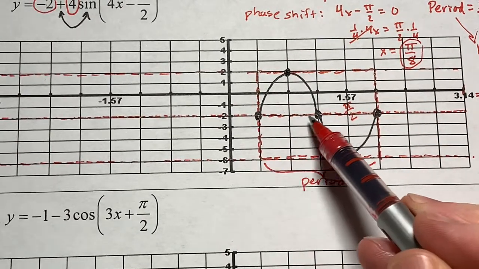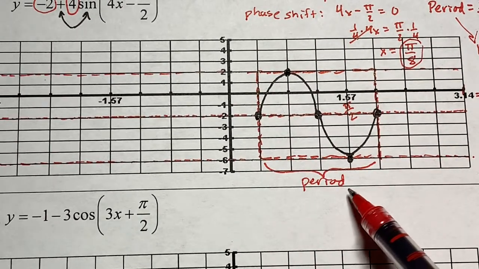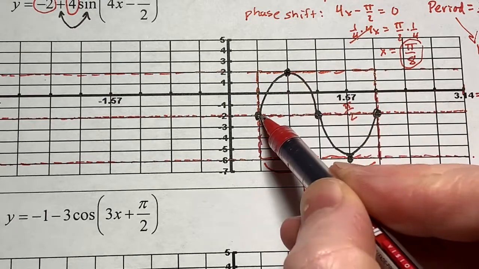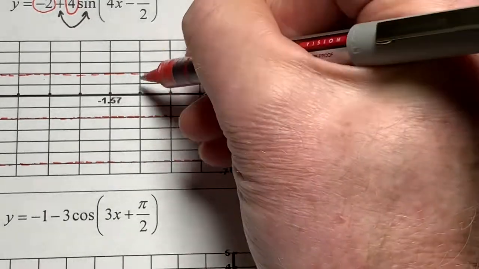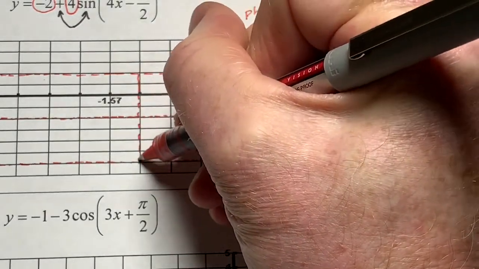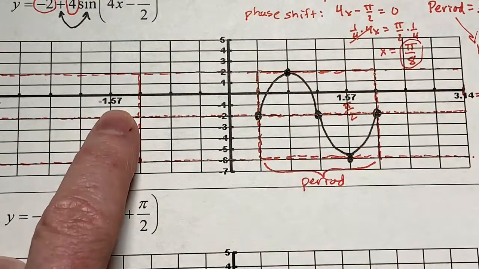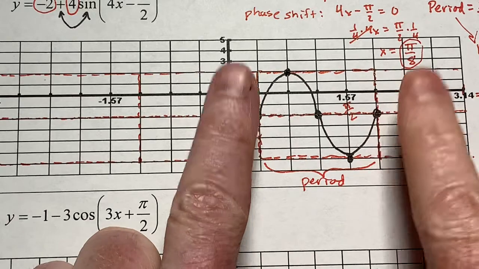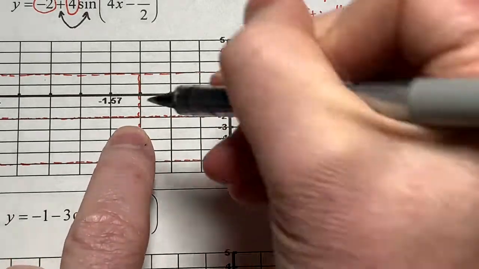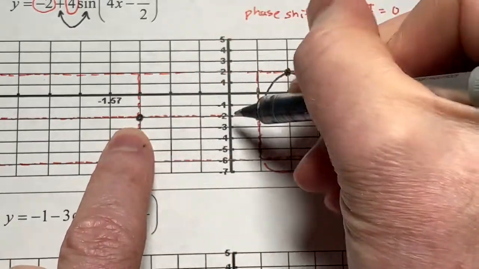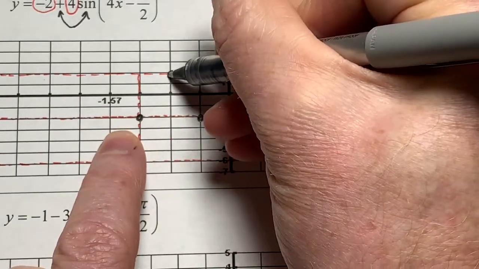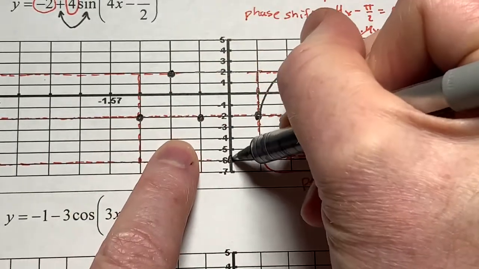Once I know the period is 4 tick marks, I can go 1, 2, 3, 4 to the right and do another one, but I ran out of room, so I'm going to go 1, 2, 3, 4 to the left and mark another edge. Look at this independently. Don't go up first. You're literally repeating this exact same thing. Starting from the left: a point there, a point at the end of the box, a point at the middle, bump up first, bump down second.